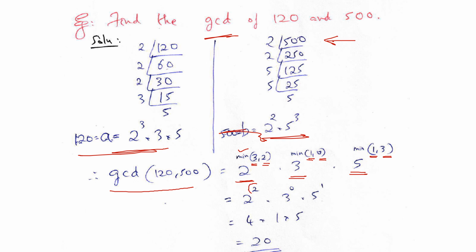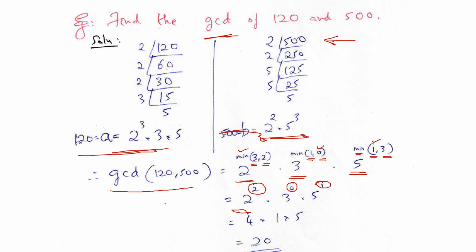Is 2, right? So that 2 you have to write here, 2 to the power 2. Here you see, out of this 1 and 0, what is minimum? Minimum is 0, so that 0 you have to write here. And in the third one, it is the minimum value that we have to focus on in all this GCD. So what is the minimum here is 1. So 5 to the power 1.